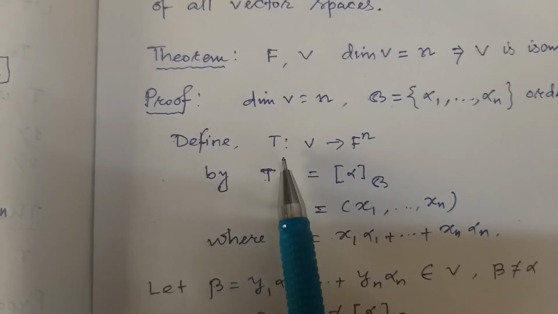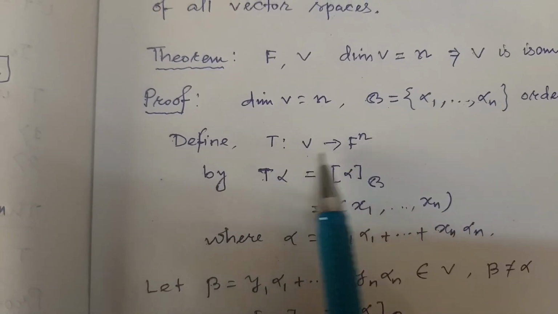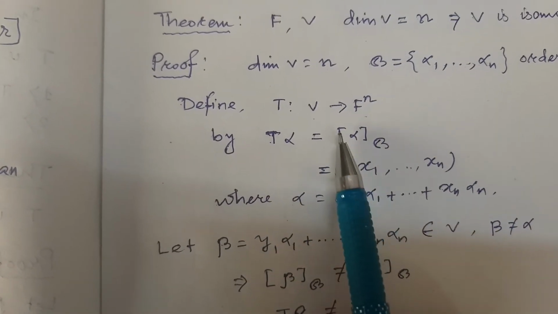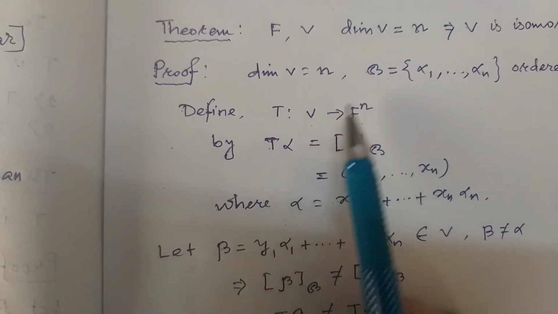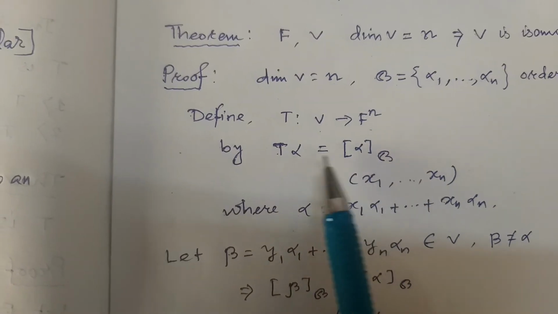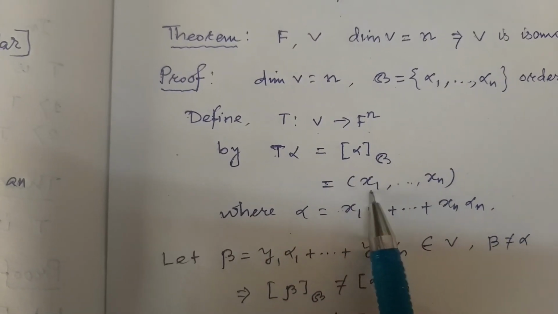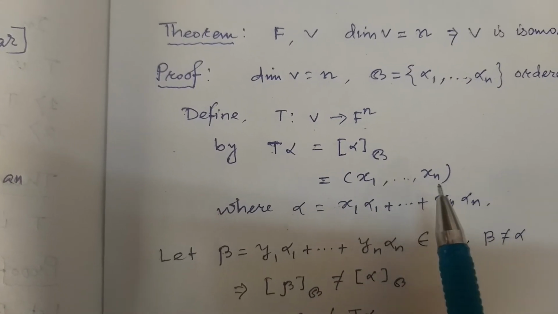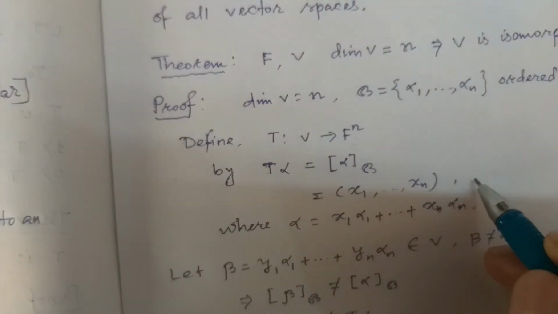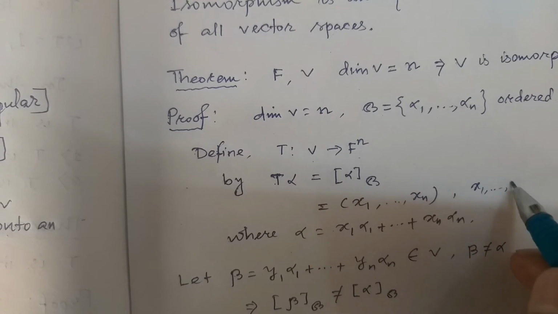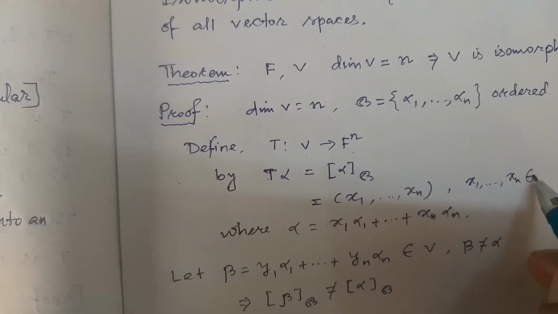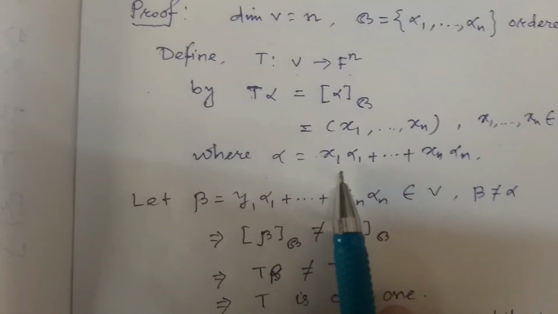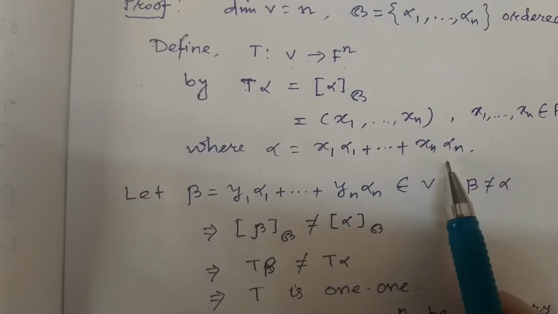Now we define a transformation T from V to F^n by T of alpha equal to the coordinate of alpha with respect to this basis. That means T of alpha equals (x1, x2, ..., xn), where x1, ..., xn belong to F and alpha is written as x1 alpha 1 plus dot dot plus xn alpha n.